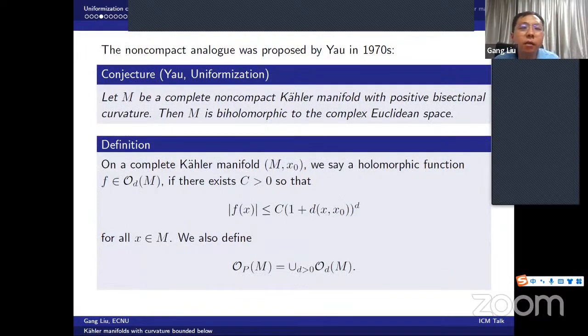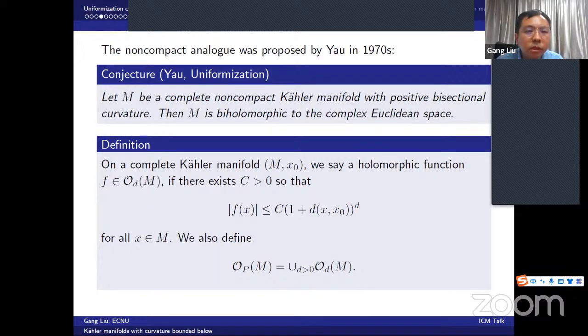The non-compact analog was proposed by Yau in the 1970s. The so-called uniformization conjecture says that if M is a complete non-compact Kähler manifold with positive bisectional curvature, then it is biholomorphic to the complex Euclidean space.